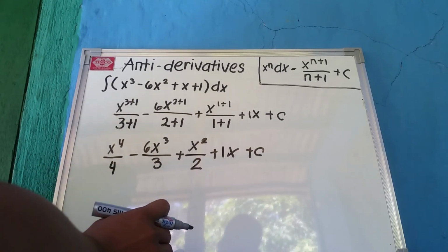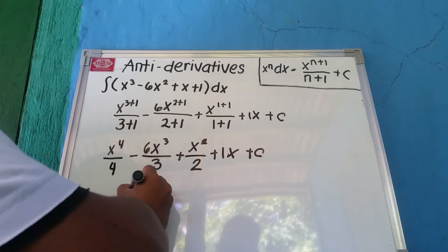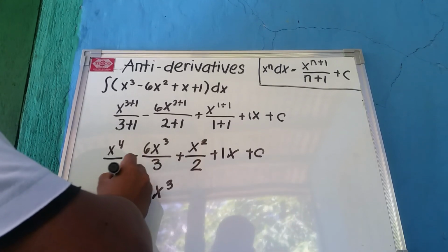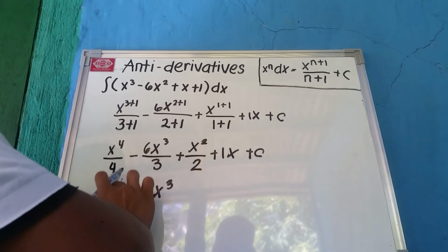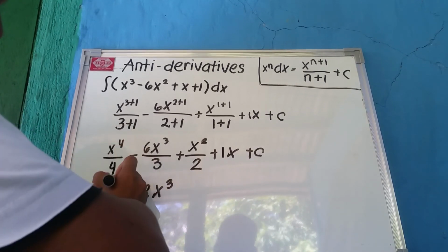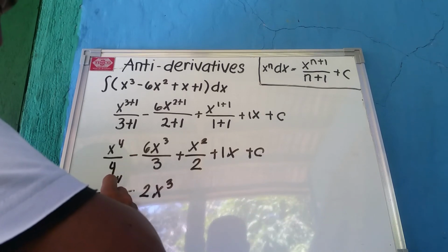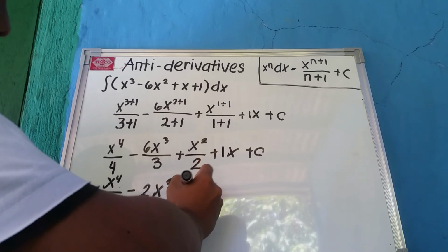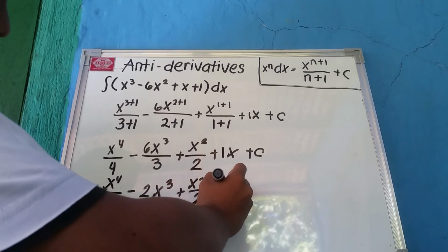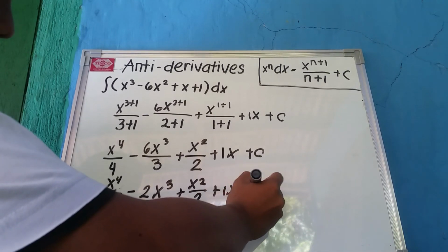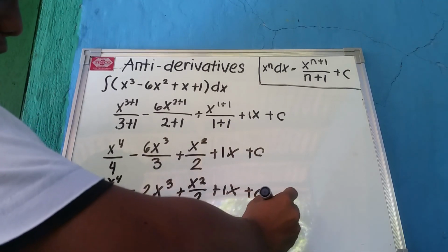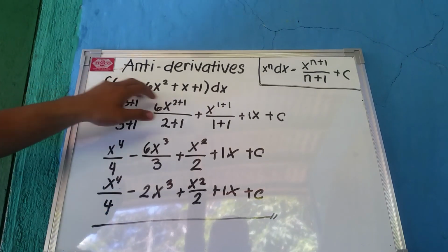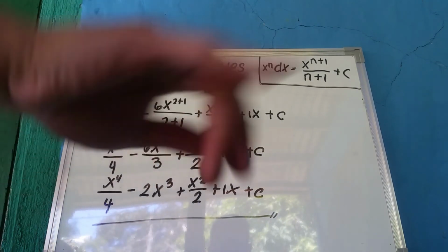Here we can simplify this into 2x cubed, and so copy the remaining untouched equation, x squared plus 2 plus 1x, and that is our answer for the antiderivatives, or the integration or the integral of this given equation.